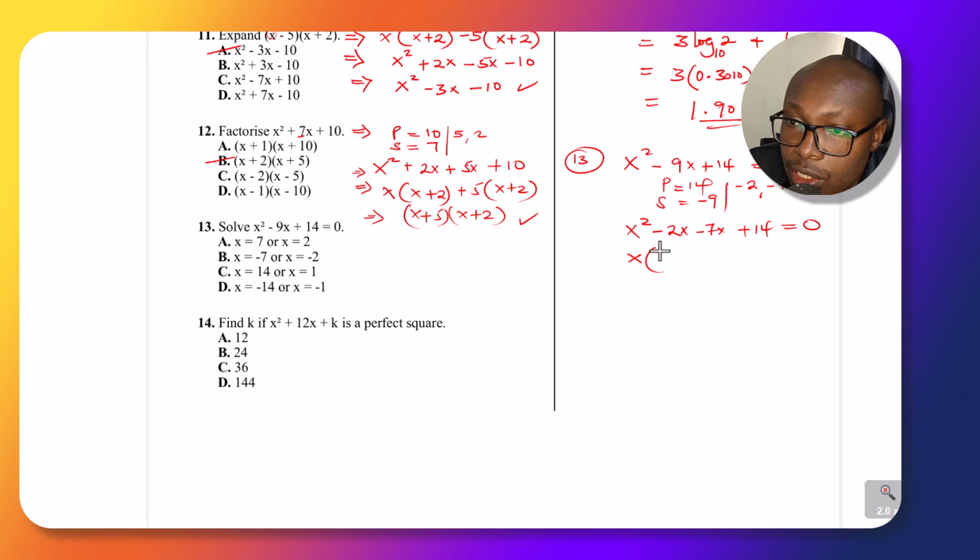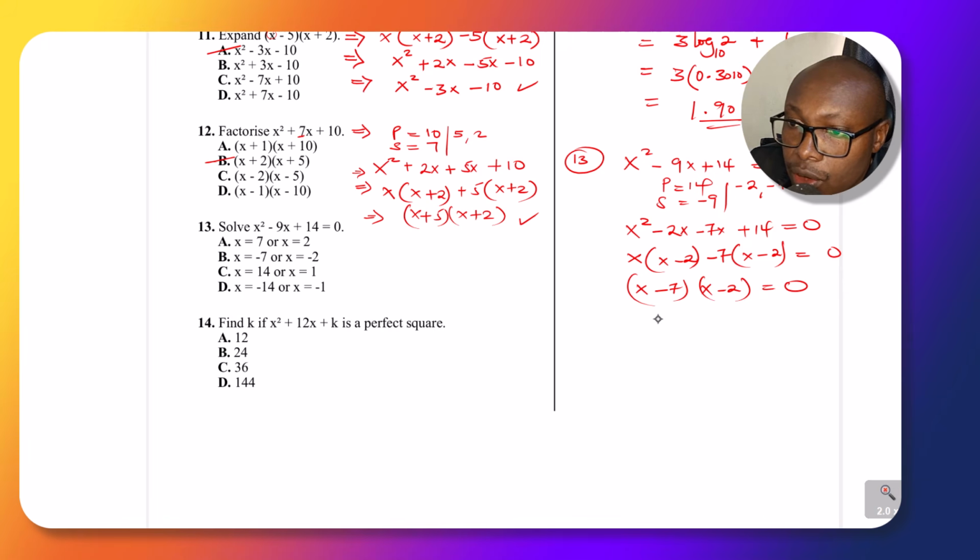So factor out x, minus 2, minus 7, and then x minus 2, x minus 2 is equal to 0. Then from here we have x minus 7, x minus 2 is equal to 0.